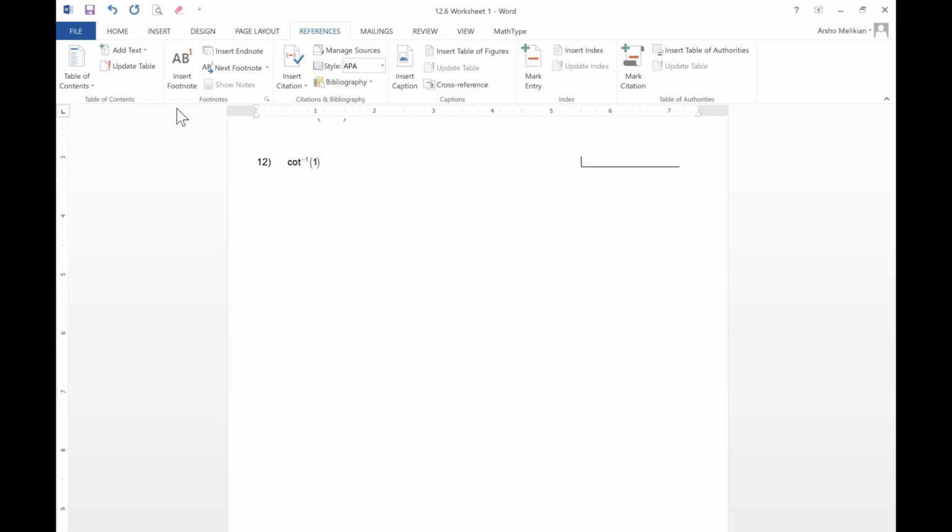Okay, now, for tangents, when it comes to the 30s and the 60s, right, there are two possibilities. You either get a root 3 or a root 3 over 3 when it comes to the 30s or the 60s.